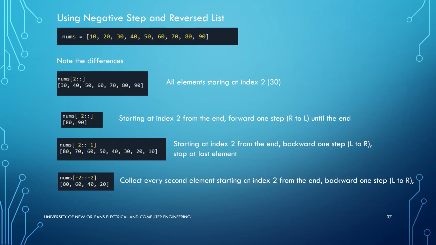Since the increment is positive, it's a +1, I'm going from left to right. So the next one is just going to be 90. So I'm going from the second element from the last till the end, and the end is just 90.